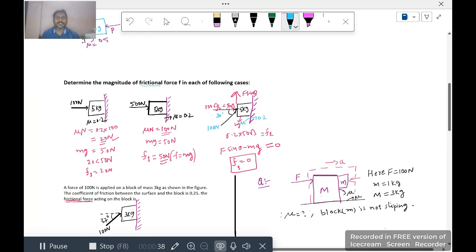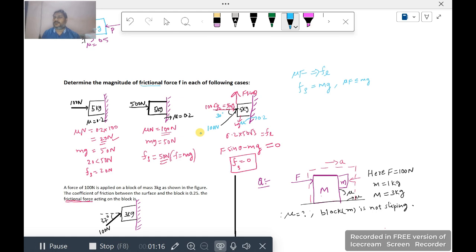Mu into F is the maximum static friction, the limiting friction FL. Now it is asking for static friction, which is equal to mg when mu F is greater than or equal to mg. If mu F is less than mg, it will become kinetic friction fk.